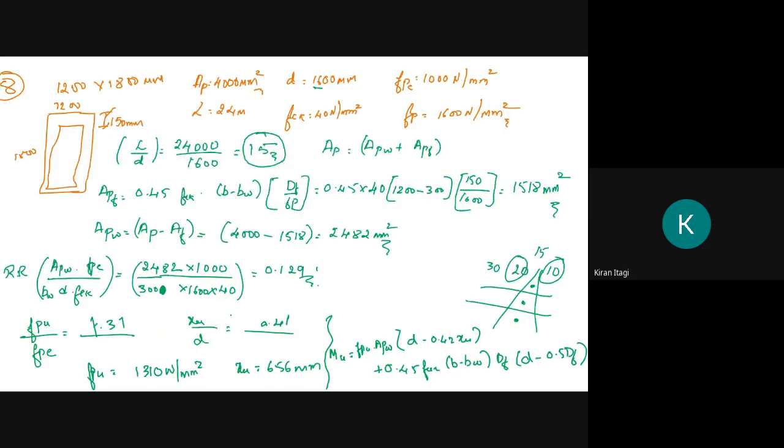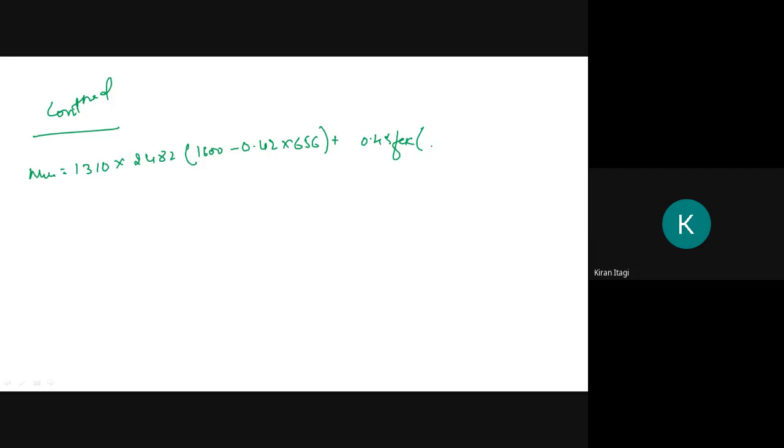I will write it here. Continued. Mu equals 1310 multiplied by 2482 in bracket 1600 minus 0.42 into 656. Plus 0.45 fck. It is 1200 minus 300.